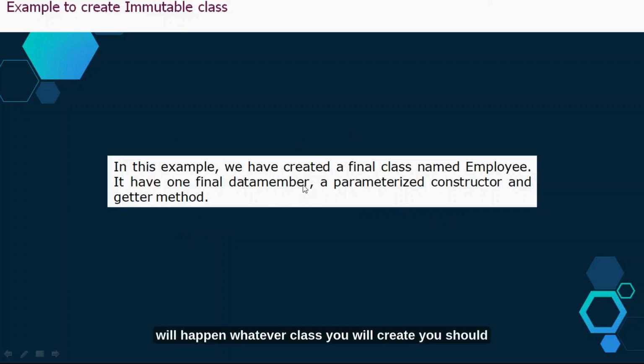Whatever class you create, you should define that class as final, and it should have a final data member, a parameterized constructor and a getter method. There should not be a setter method, because if a setter method is there, anybody can change the object value. So always the getter method should be there.